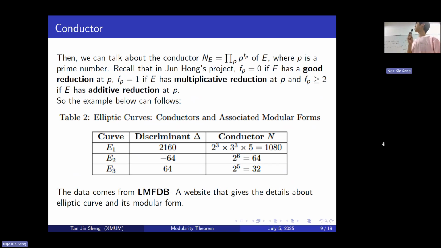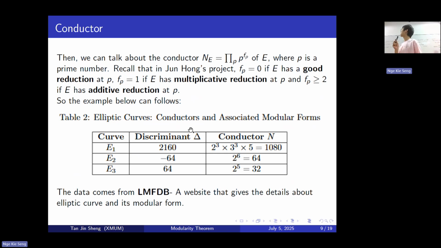Now we can talk about the conductor. The conductor is a multiplication of all the prime numbers where the discriminant can be divided by the prime number here.